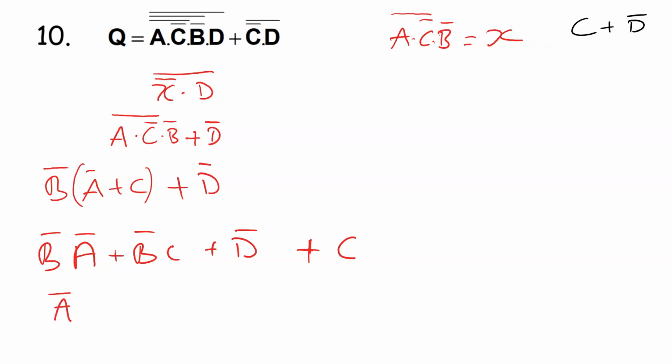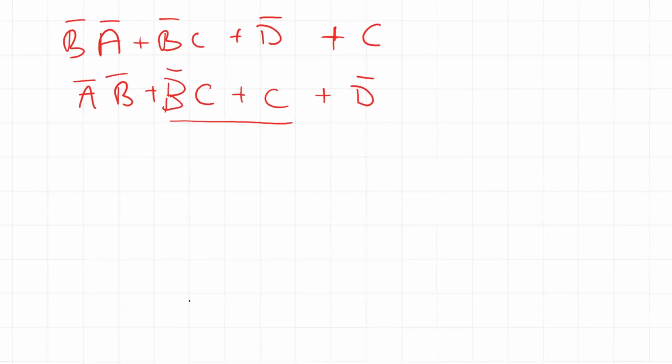So I've got not A, not B, and then we'll have not B, C or not D. Oh look, C or C and something. We know that not B and C is going to disappear, don't we?